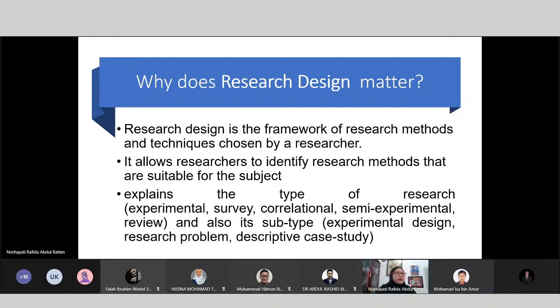That's why when we do our reading, we look at the discussions, and then you have to look at the method they use.